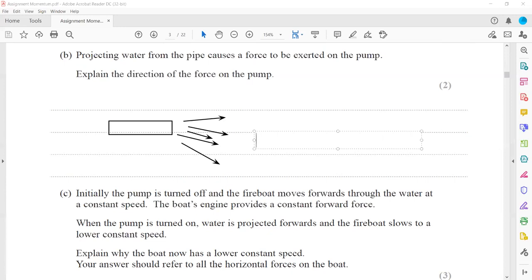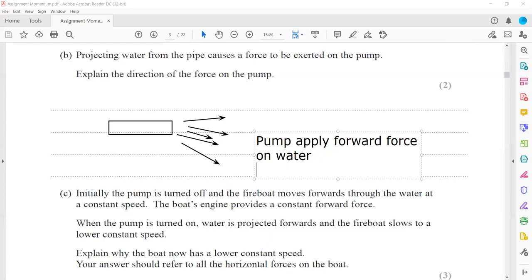So basically the pump will apply a forward force on the water, and according to Newton's third law, there will be an equal and opposite force.